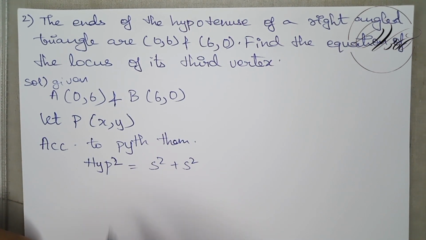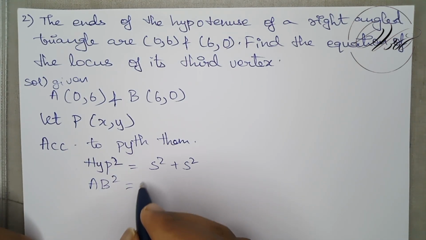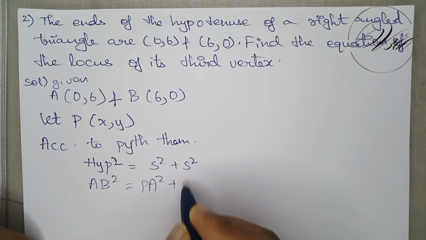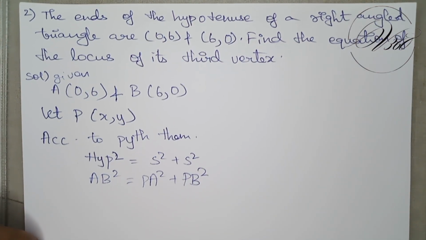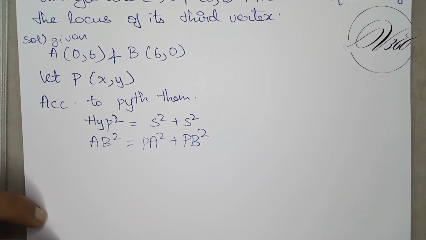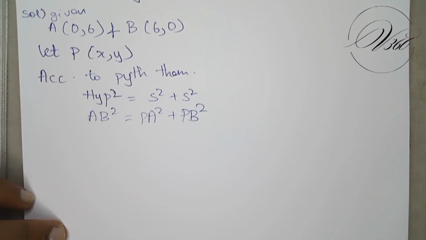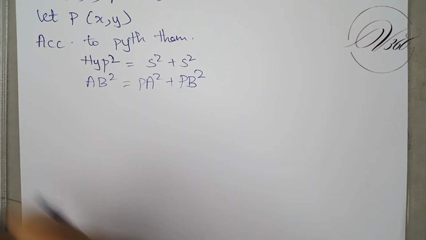Now here AB square is the hypotenuse and the side squares are PA square plus PB square. Right. Now let's find out AB square, PA square and PB square. Let me raise it up so that I'll get space and I can freely write.